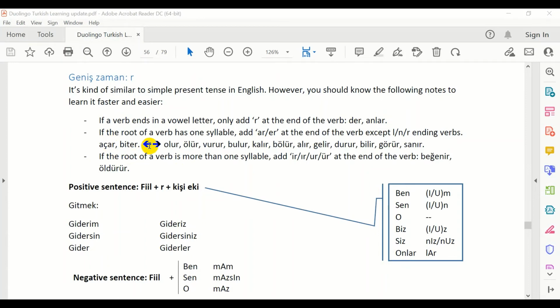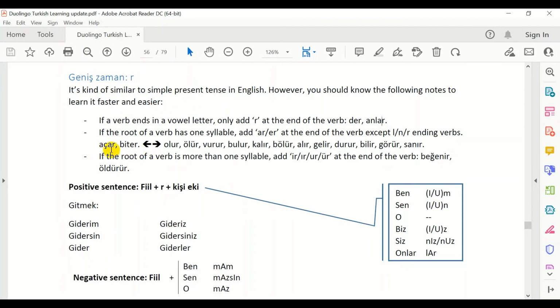Second, if the root of a verb has one syllable, add ar or er at the end of the verb, except for some verbs. First, it is a general rule that if a verb has one syllable, you are adding ar or er at the end of the verb. But there are some exceptions to this rule, specifically those one-syllable verbs that end in l or n.